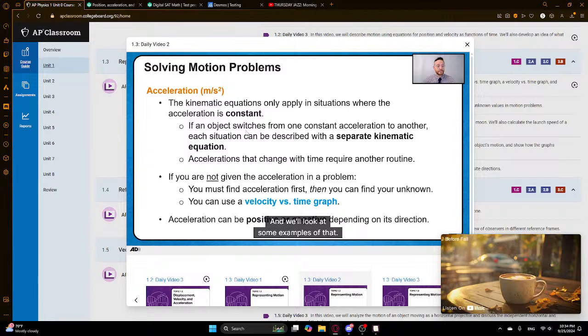If acceleration is not given, solve for it or use a velocity versus time graph.